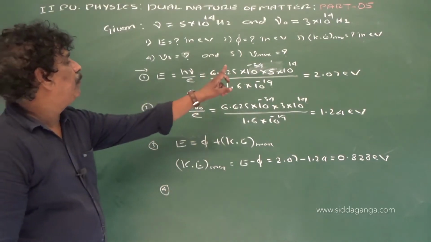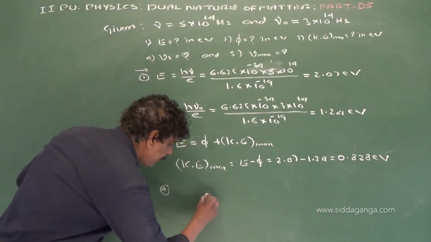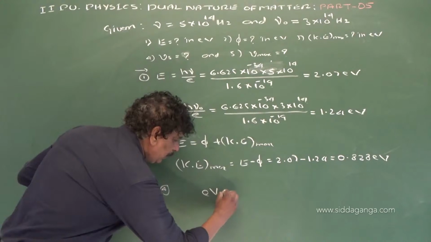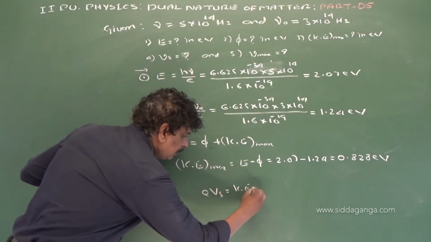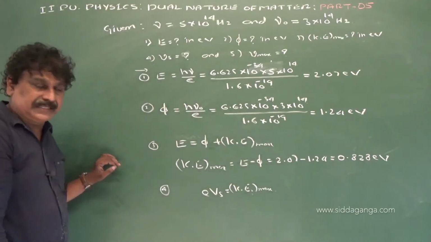Now we need to find the stopping potential. We have the stopping potential, e into Vs is equal to kinetic energy maximum.